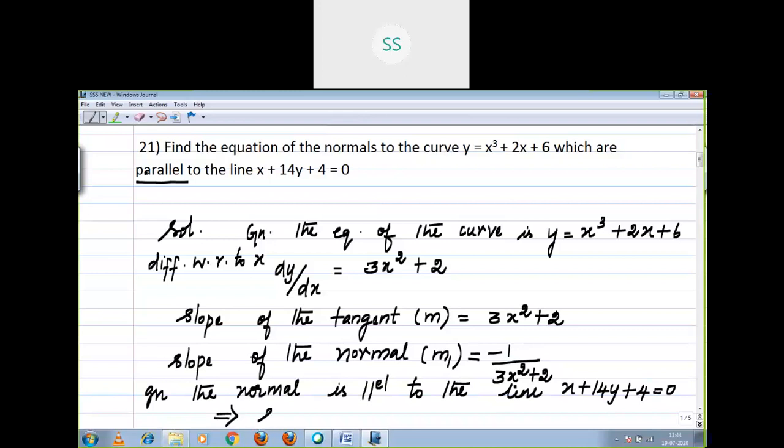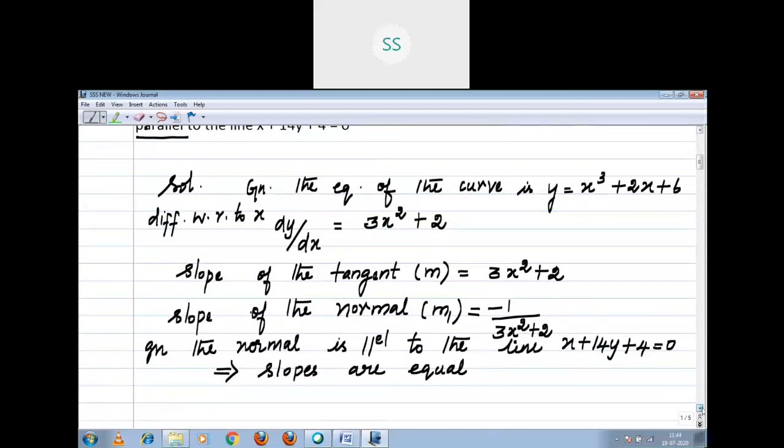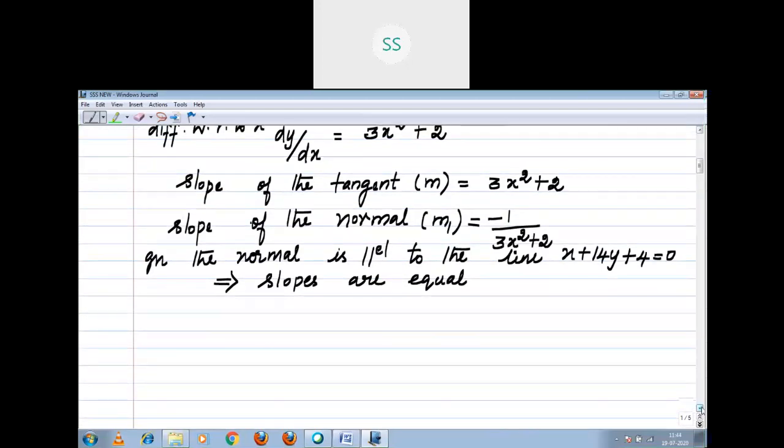Which implies slopes are equal. We found the slope of the normal. Using the given equation, we want to find the slope of the line. That I am going to discuss next, how to get the slope of the line.